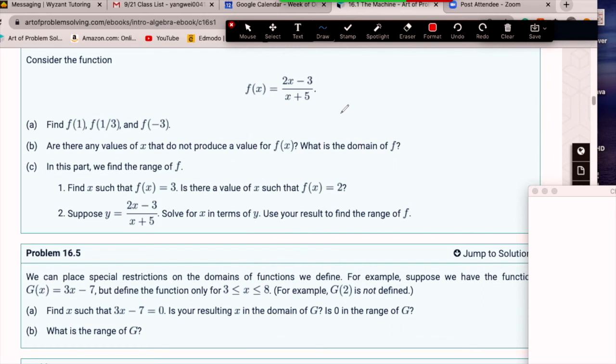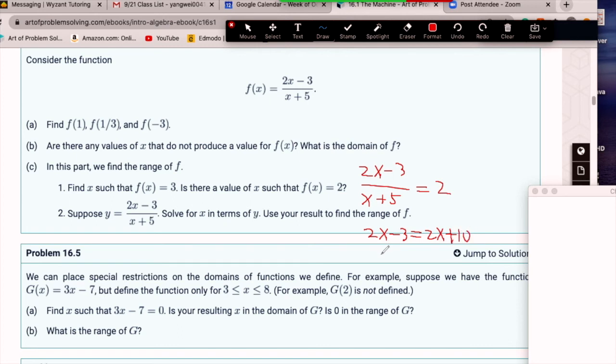No problem. Now let's see, is there a value of x such that f(x) equals 2? If we try to make it equal 2, that means we need to solve this equation: (2x minus 3) divided by (x plus 5) equals 2. So then both sides times x plus 5, 2x minus 3 equals 2x plus 10.